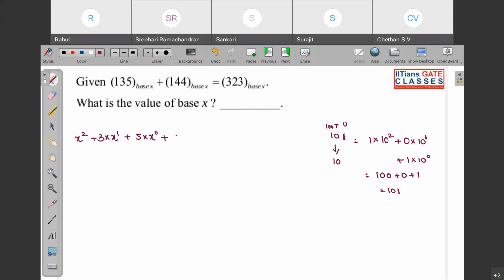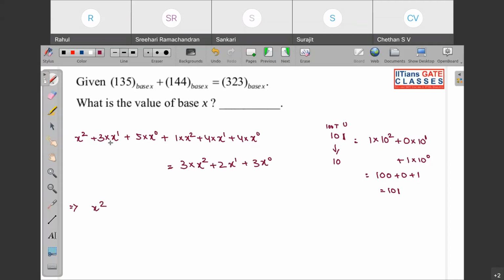The next number will be 1 into x squared plus 4 into x to the power 1 plus 4 into x to the power 0, is equal to 3 into x squared plus 2 into x to the power 1 plus 3 into x to the power 0. So if you solve this, this is x squared. So this will be what?